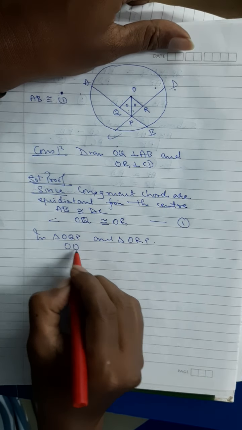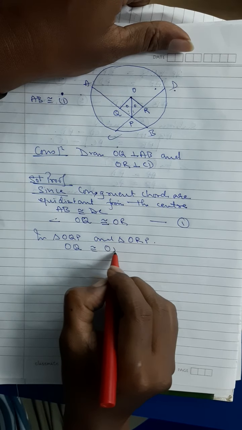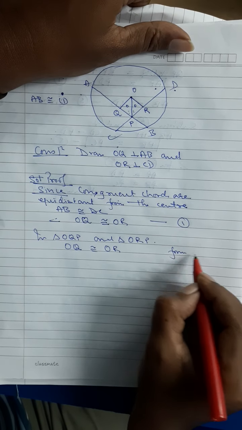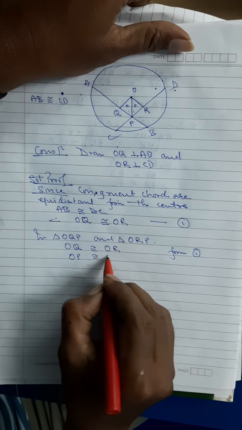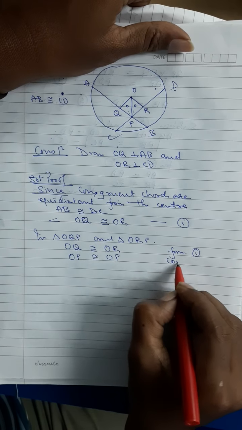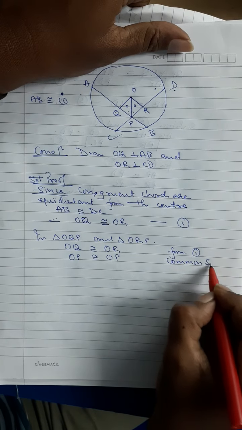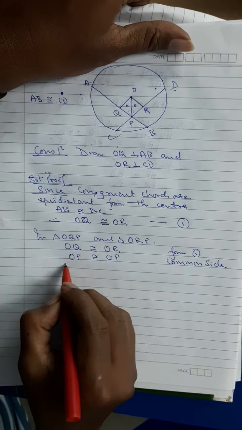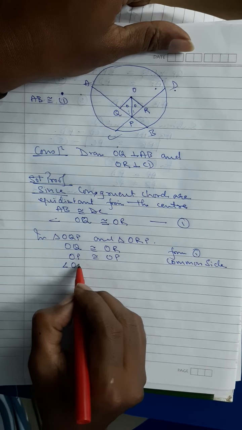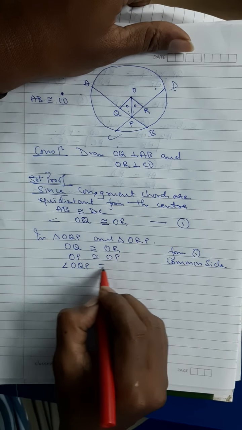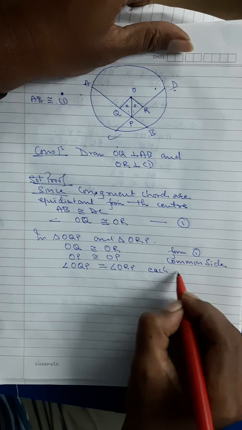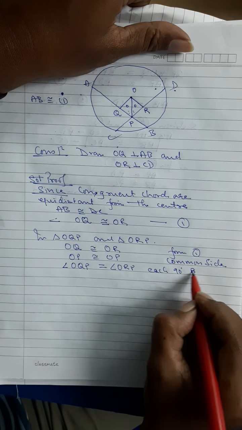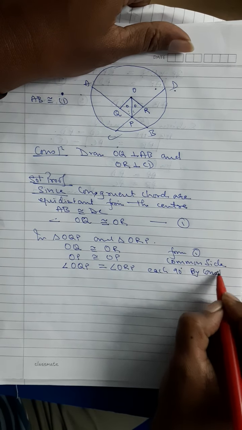You will get OQ is congruent to OR from 1. OP is congruent to OP, this is the common side. Angle OQP is equal to angle ORP, each 90 degrees by construction.